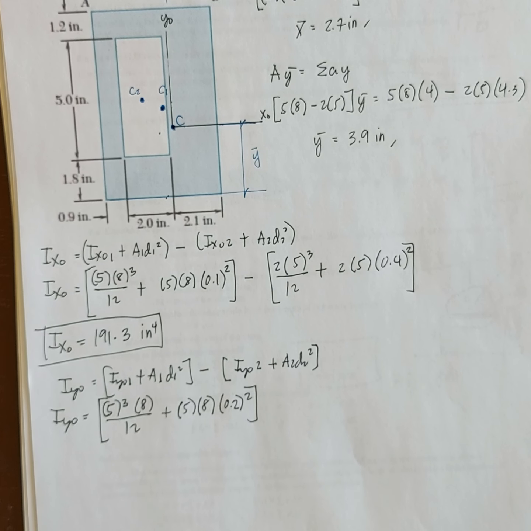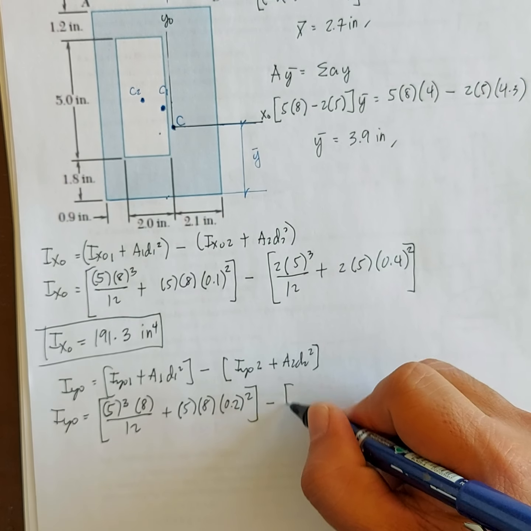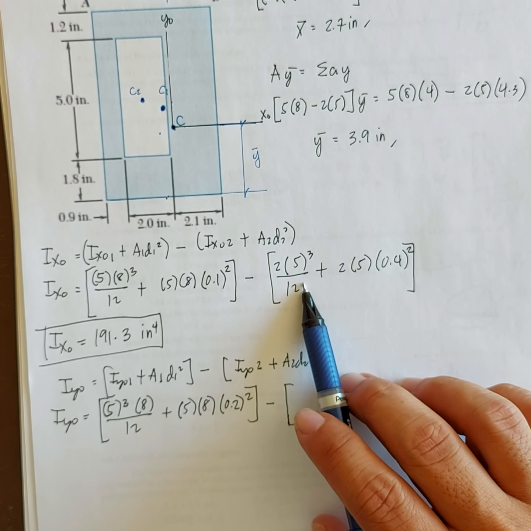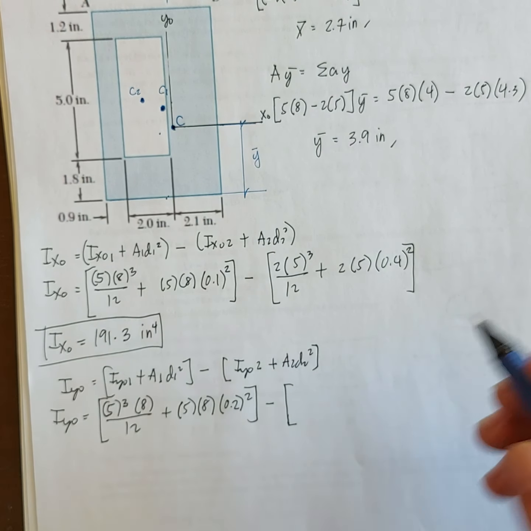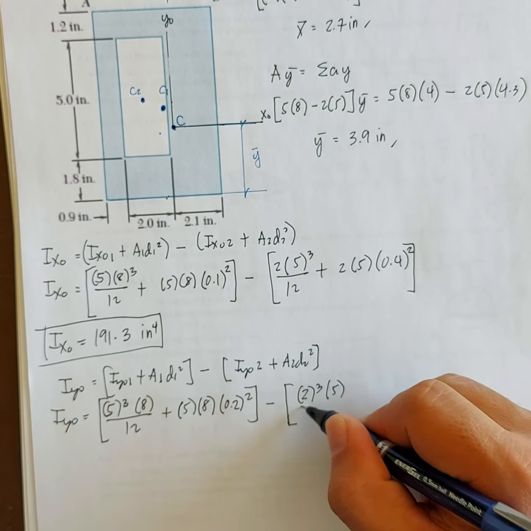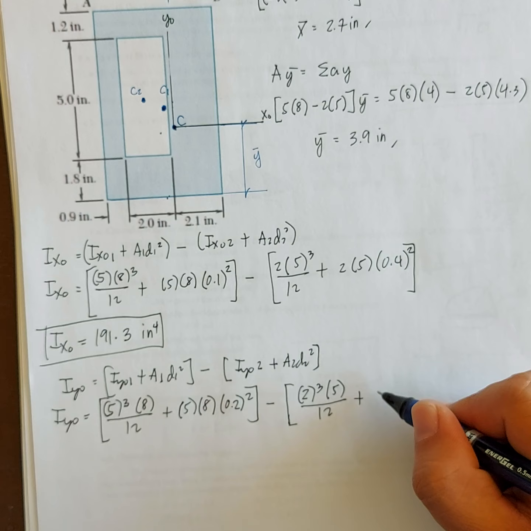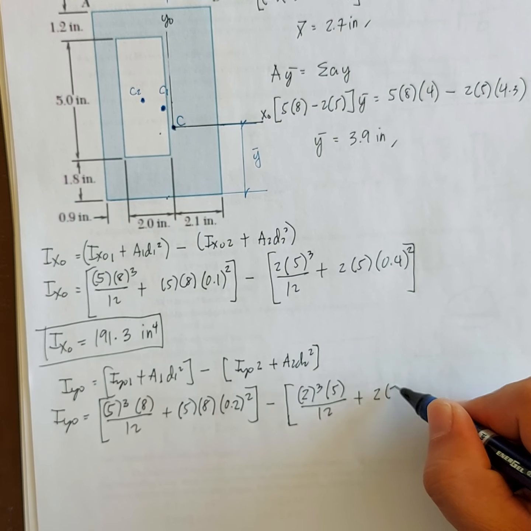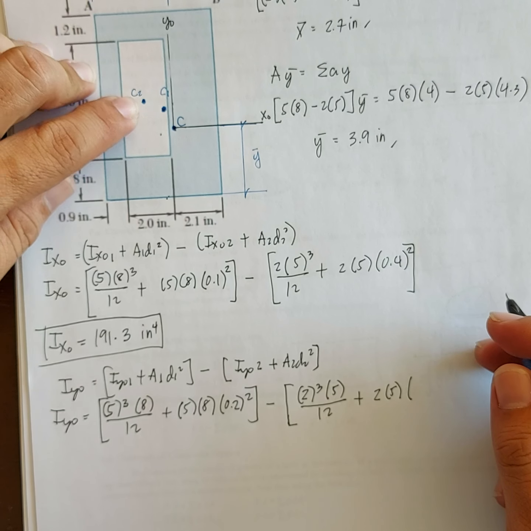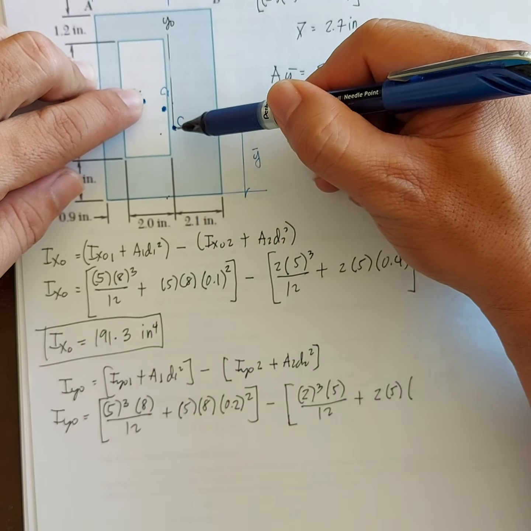Alright. Minus. Ito naman. Balik ulit natin. B cube H all over 12. So, 2 cube times 5 all over 12 plus A2 is 2 times 5. Ngayon, distance naman between C2 and C. Ilang distance yan?